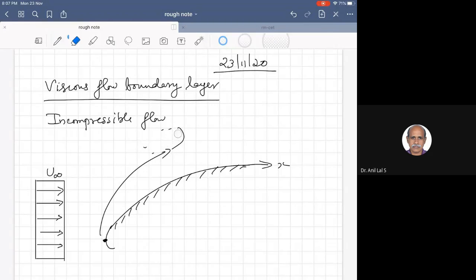When we are considering viscous flow, the no slip condition is applicable. That means the fluid velocity becomes equal to zero on the solid wall.